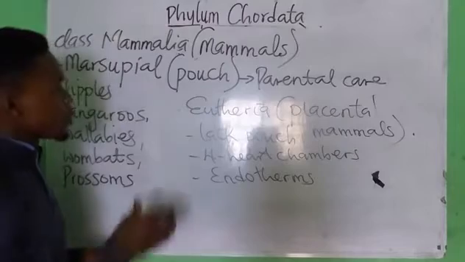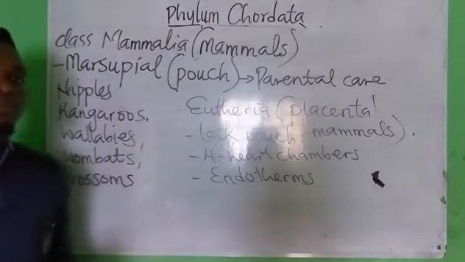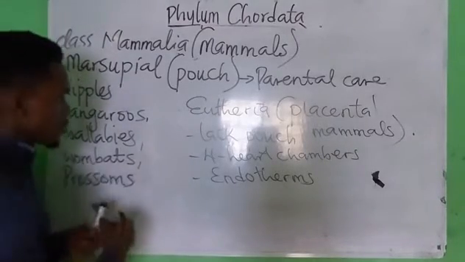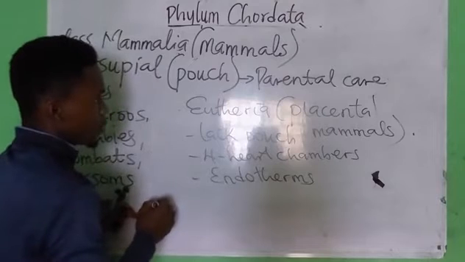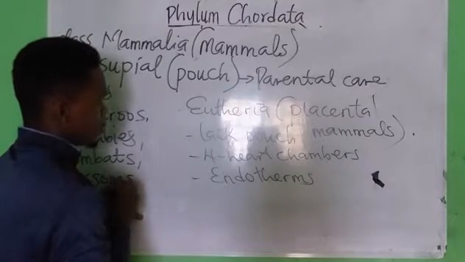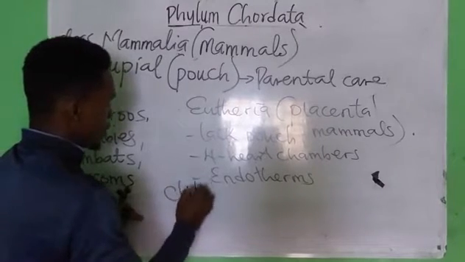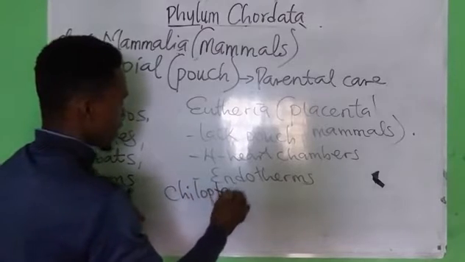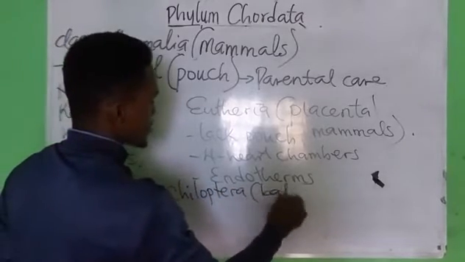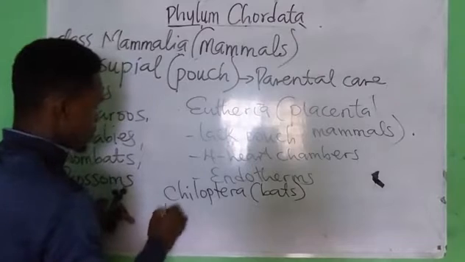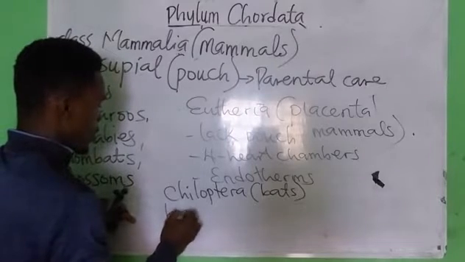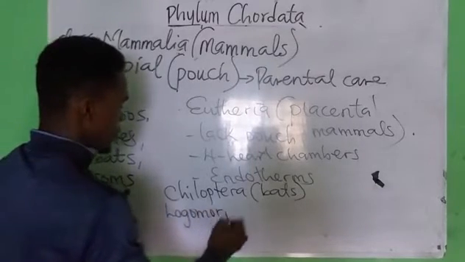All right, so what are examples of Eutherians? We have the Chiroptera, which are the bats, and we have the lagomorphs.